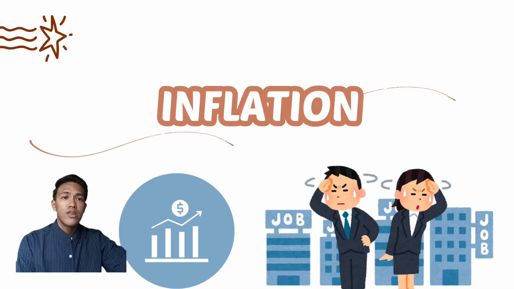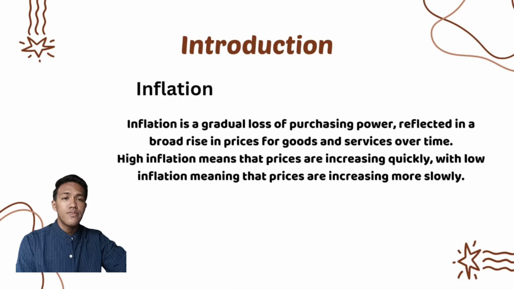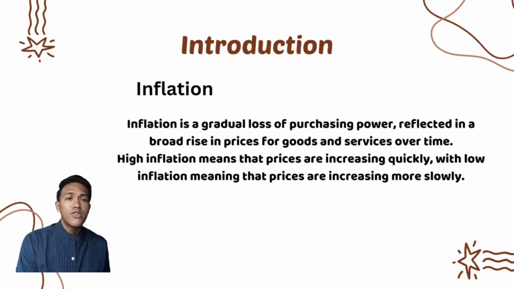Okay, so now we look at the inflation and unemployment. So look at this slide. Introduction of inflation. Inflation is a gradual loss of purchasing power, reflecting a broad rise in price for goods and services over time.